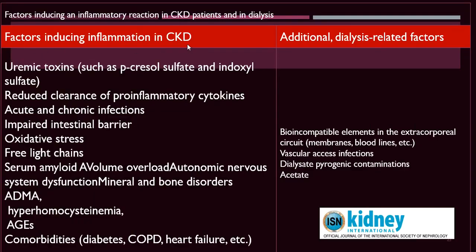Factors inducing inflammation in CKD include uremic toxins, reduced clearance of pro-inflammatory cytokines, acute and chronic infections, impaired intestinal barriers, endotoxin translocation, oxidative stress, light chain disease accumulation, amyloid A protein overload, systemic dysfunction, mineral and bone disorders, asymmetric dimethylarginine, hyperhomocysteinemia, advanced glycation end products, as well as comorbidities.